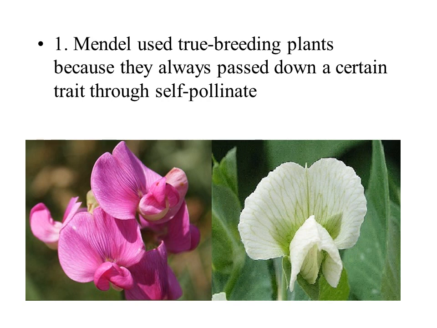Every time that white flowered pea plant produces babies in the form of peas in a pea pod, those peas will develop into another white flowered pea plant, and vice versa with the purple. So how did Mendel control the breeding? He used the true breeding plants. These true breeding plants will always pass down the certain characteristic that he was looking for.